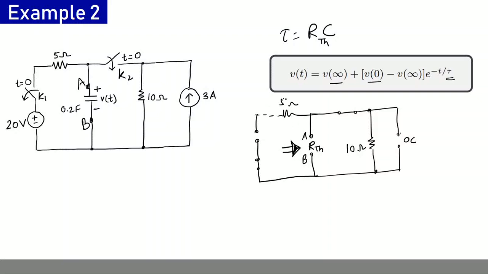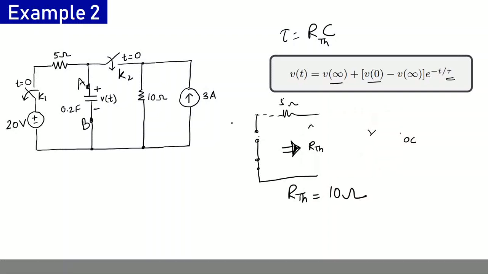So here the 5 ohm will have no role because it is an open circuited branch, and here we see that if a current goes through A, the only resistance it encounters is 10 ohms. So here the effective resistance will be 10 ohms.